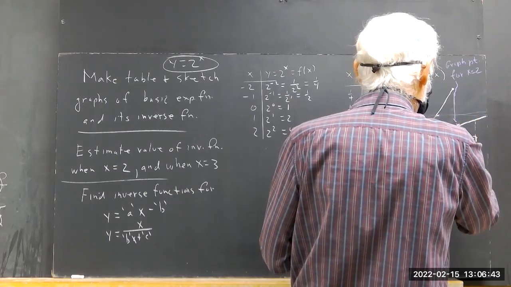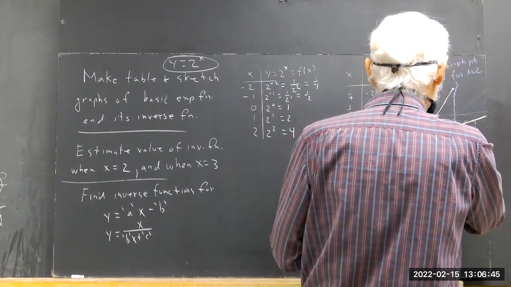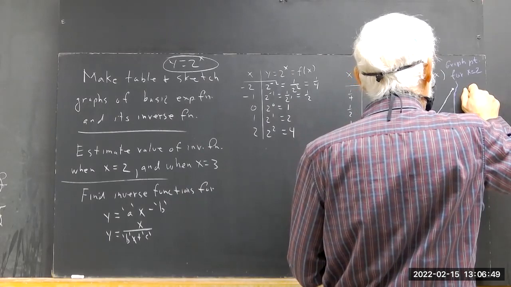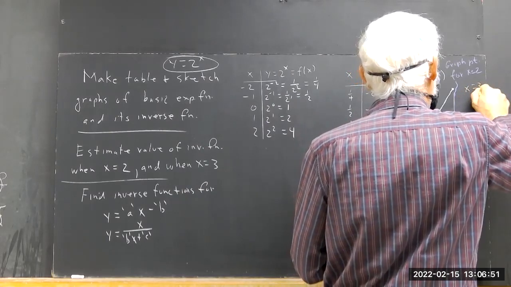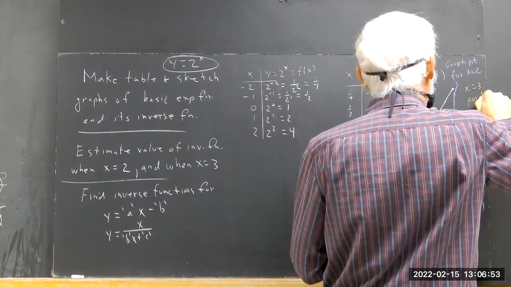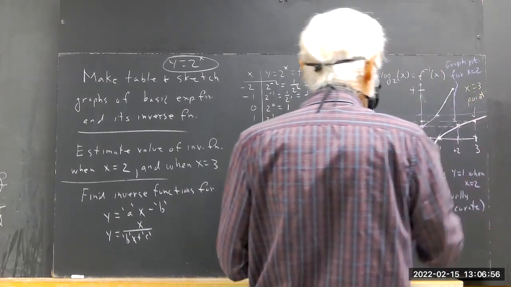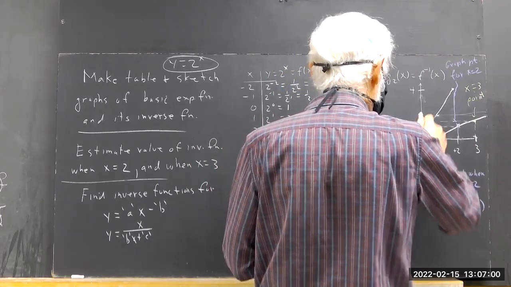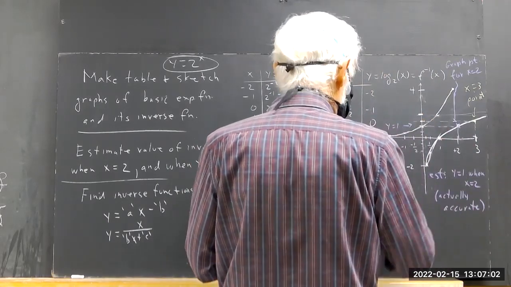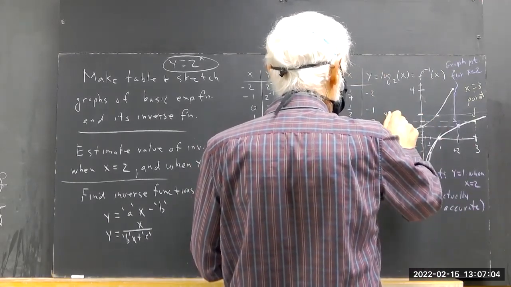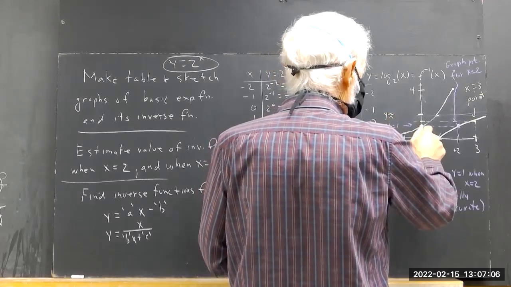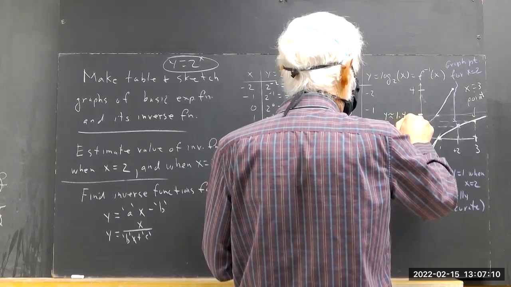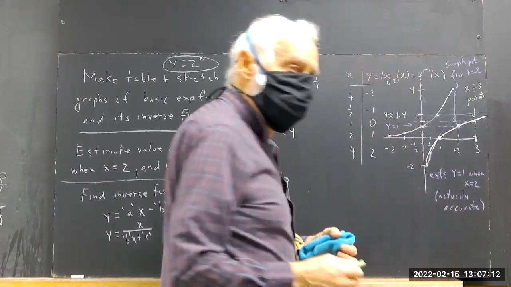So I need to sketch a projection line over here. This is the x equals 3 point, and we see that y is between 1 here and 2 here. It looks like y is approximately a little less than halfway between 1 and 2, so it's approximately 1.4, which is actually fairly accurate.